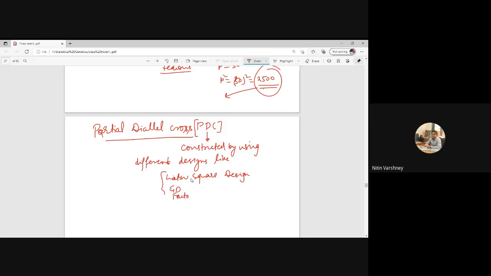So by using these, we will make partial diallel crosses. That is not so important from this point of view. We just have to remember that partial diallel cross is used when the number of inbred lines is too high.